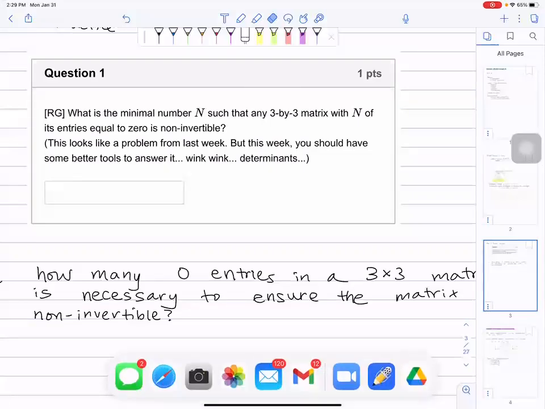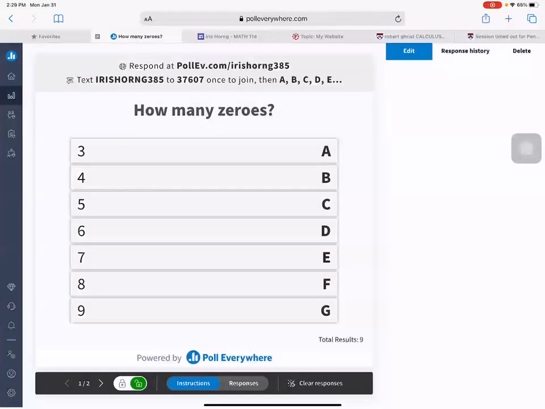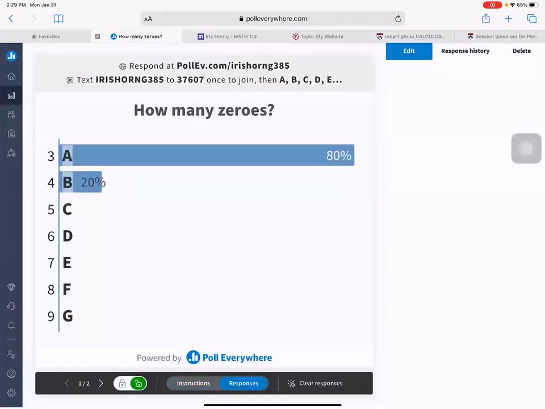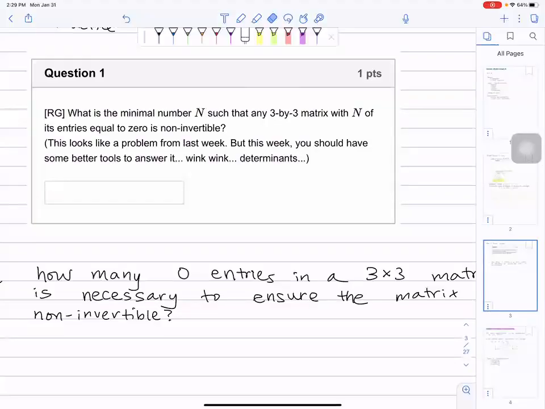Okay, a couple seconds. Okay, majority say 3. Would anyone like to explain why they think it's 3? Go ahead. What's your name?